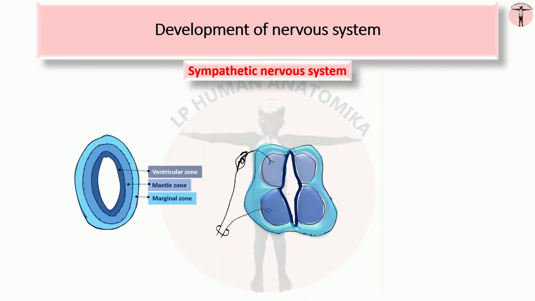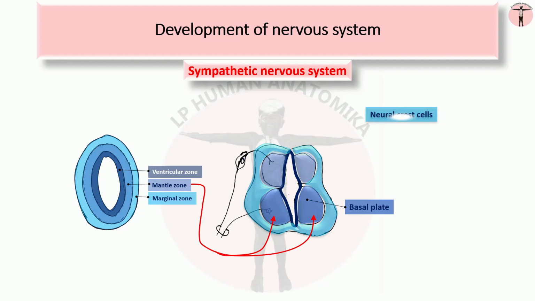Development of autonomic nervous system. The sympathetic nervous system originates from the basal plate of the neural tube, which is the ventrolateral thickening of mantle zone. The sympathetic system also develops from the neural crest cells.